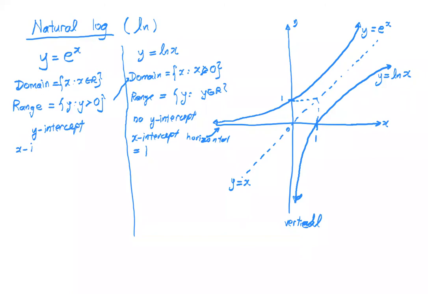Why no one stop me though? Okay, the y-intercept is 1, no x-intercept. So you see everything upside down.